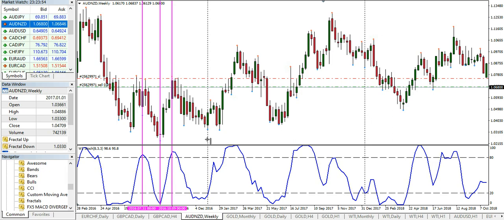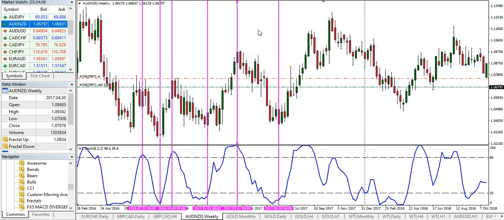When it reached the buy zone down here, the market went up. When it is up in the sell zone, if you just sell, the market will go down. Okay, so you get your direction from the weekly time frame, right? So you're using the stochastic on the weekly time frame to give you direction.